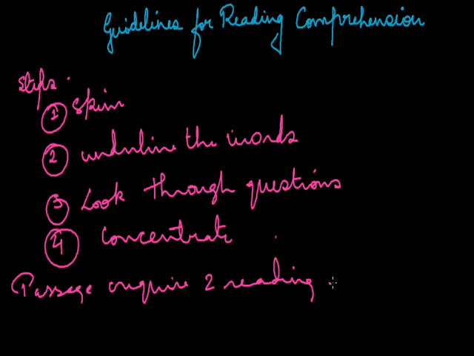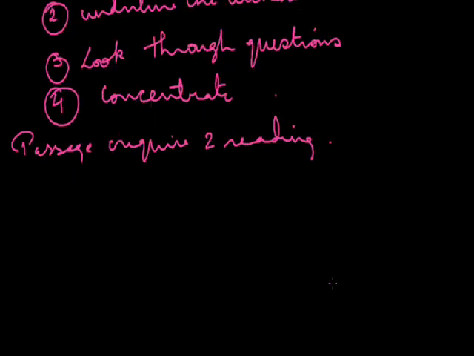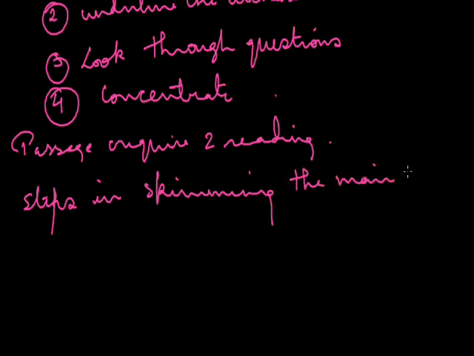Now there are a few steps which you need to follow in skimming the main idea. Step 1 is to read the title of the passage or the poem very carefully. Determine what clues it gives you as to what the passage or the poem is about.